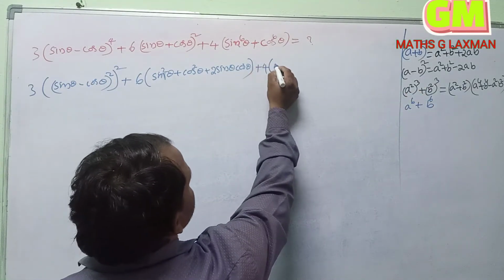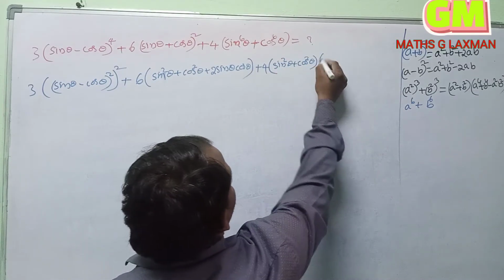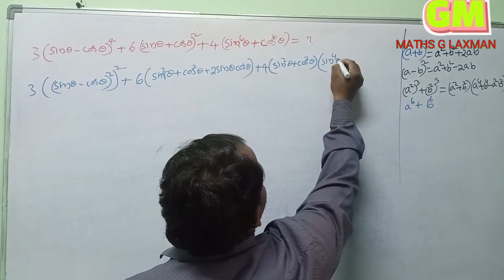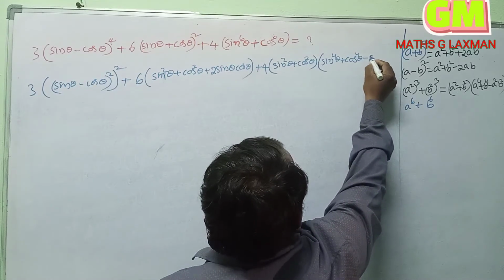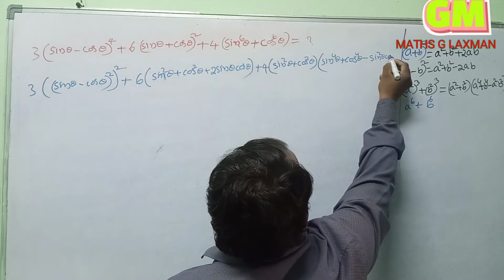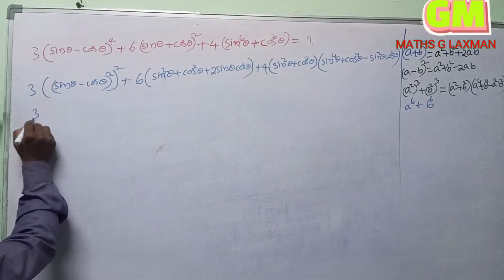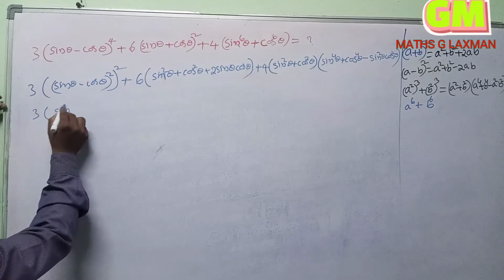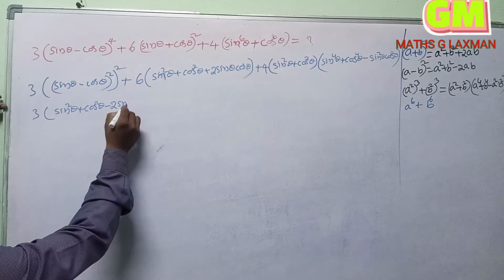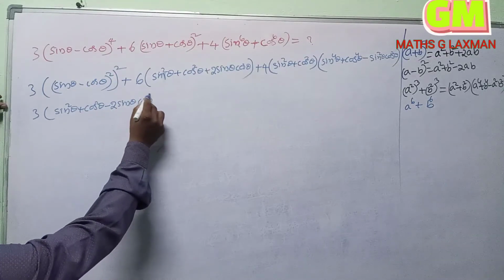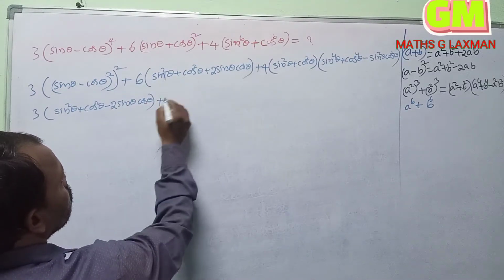So you will get (sin²θ + cos²θ)(sin⁴θ + cos⁴θ − sin²θ cos²θ). We now simplify again: 3 into (sin²θ + cos²θ − 2 sin θ cos θ) plus 6.